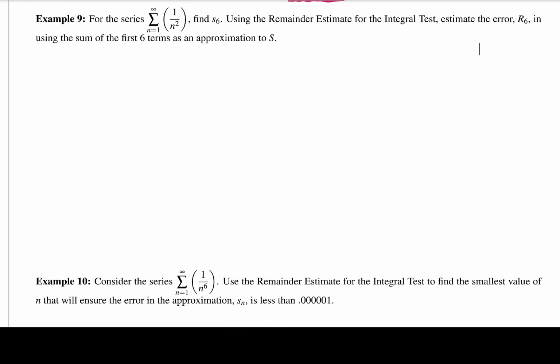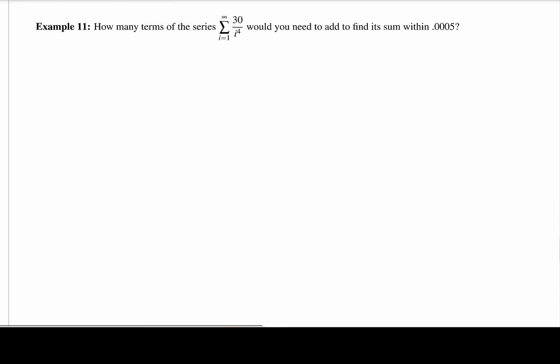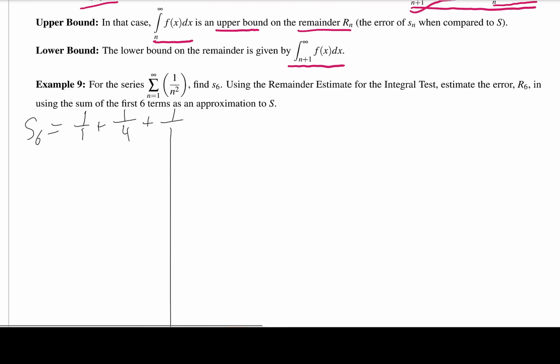So we've been given some series, and we're first asked to find S sub 6. To find S sub 6, that's going to be the sum of the first 6 terms. So that'd be 1 over 1 plus 1 over 2 squared, which is 4, plus 1 over 9 plus 1 over 16 plus 1 over 25 plus 1 over 36.